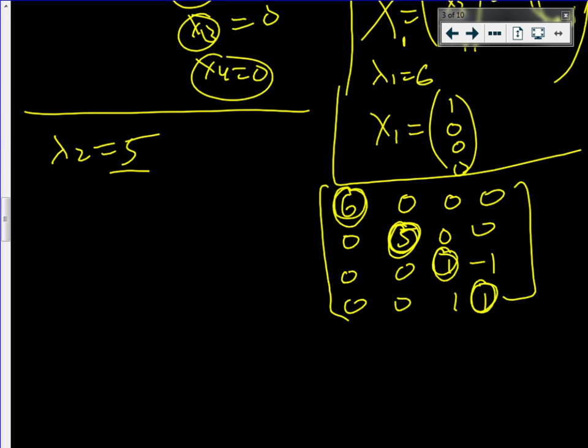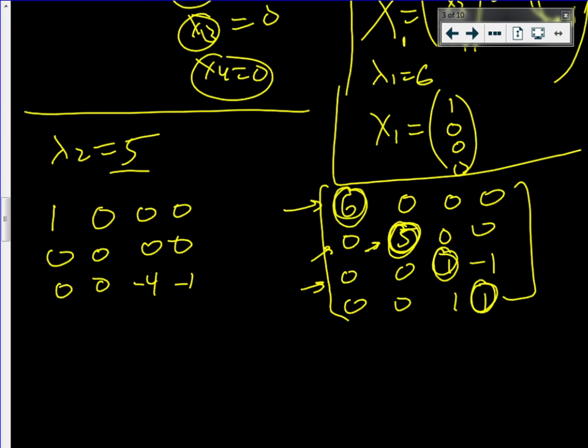And lambda is 5. So 6 minus 5 is 1, and then 3 zeros. Now, 5 minus 5 is 0. Third row is 0, 0, 1 minus 5, negative 4, negative 1. The last row is 0, 0, 1, and 1 minus 5 is negative 4.